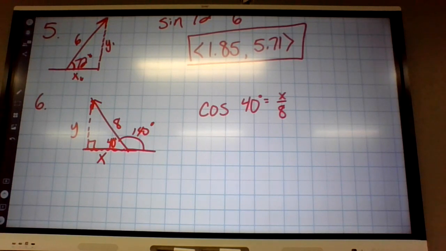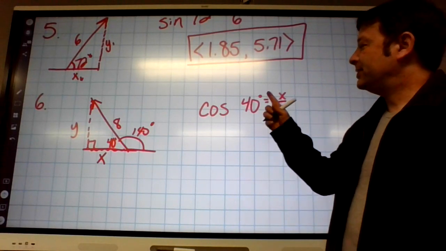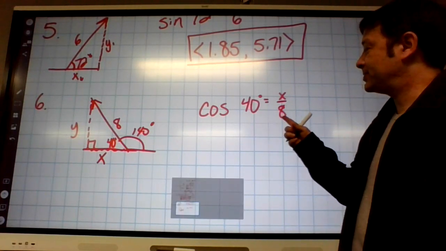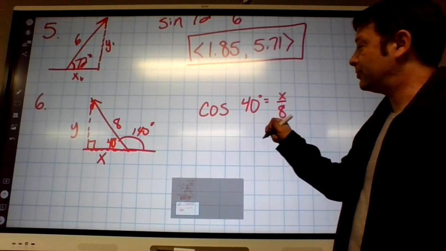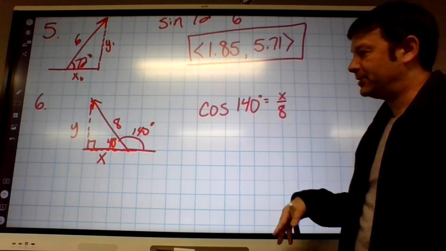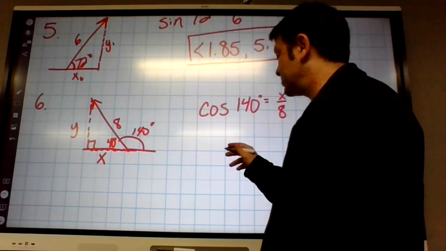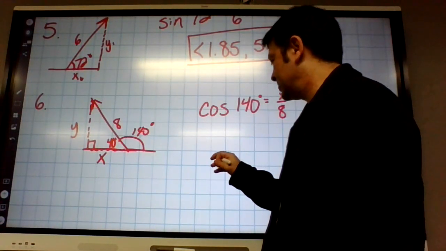Okay. You could do cosine of 40 times 8 and make it negative, or you could just do cosine of 140 times 8 and it'll already be negative. So that is the answer. So it's negative 6 point, what was it again?